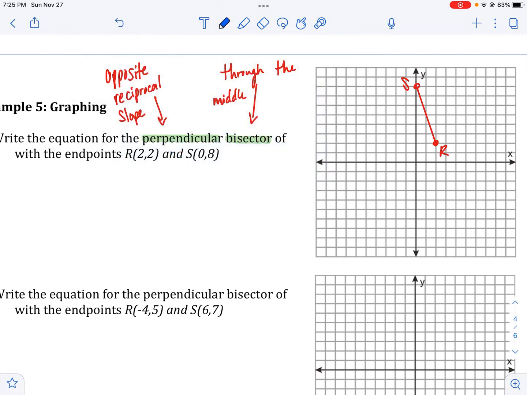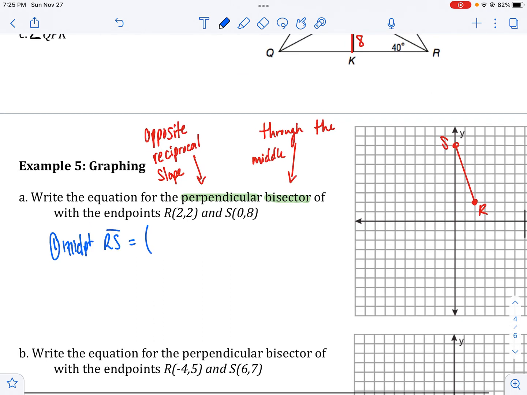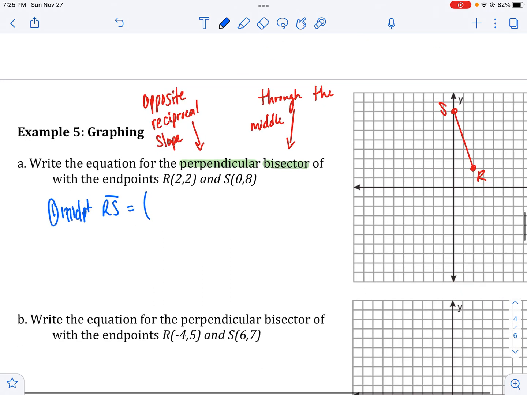Well, first thing I should probably do, let's find the middle point. Let's find the midpoint of RS. I'm going to use my midpoint formula, where you add your x's, divide by 2, add your y's, and divide by 2.